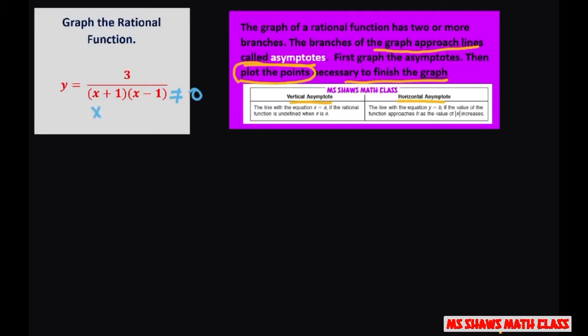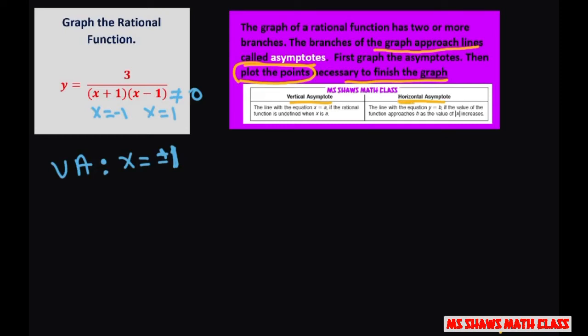That would occur at x equals -1 and x equals 1. Therefore, we have two vertical asymptotes: x equals plus and minus 1.